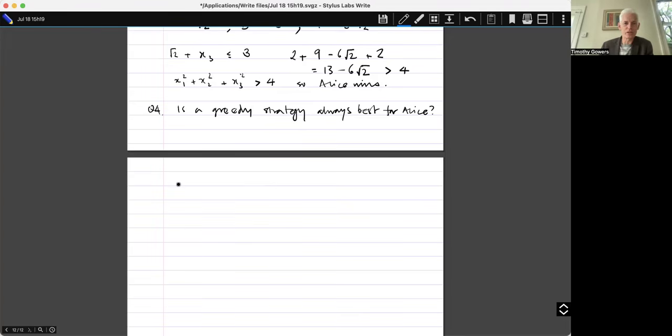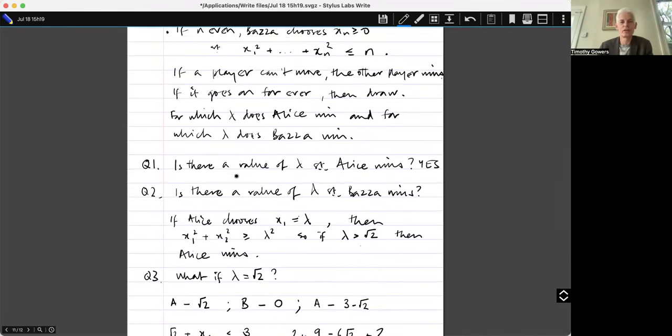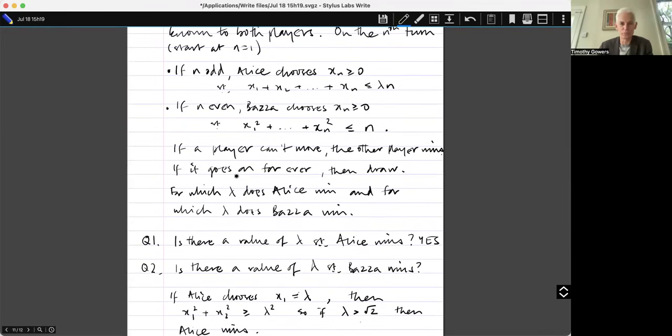So observation: if lambda is less than 0, then Bazza wins because Alice can't even move. So we could say, can Alice do a first move? And that's where the condition that lambda should be non-negative comes from.